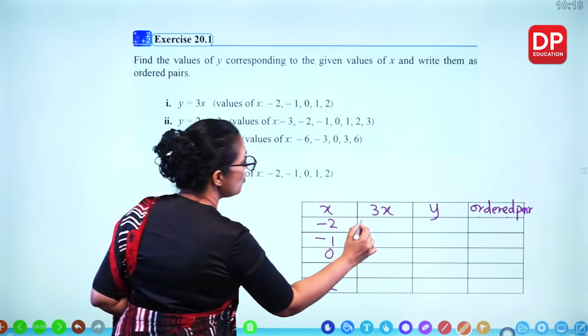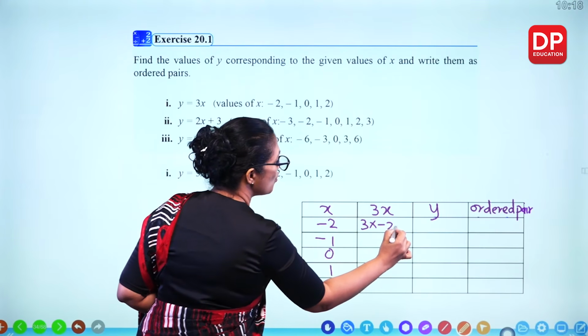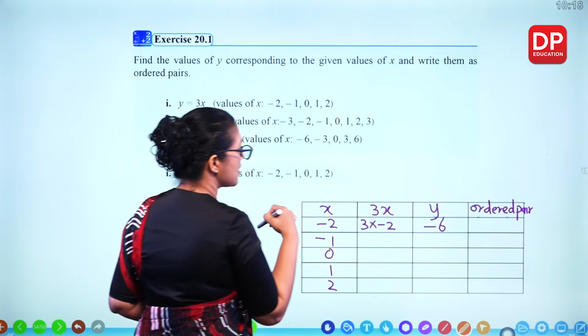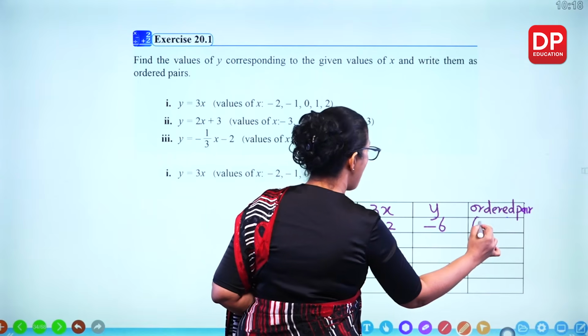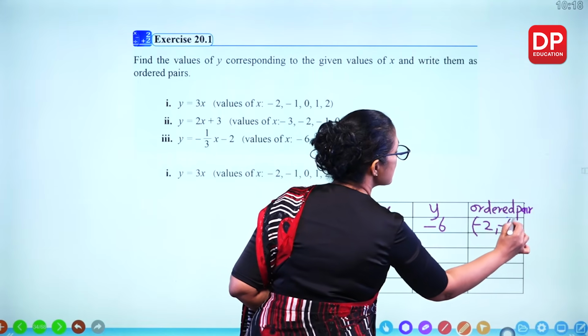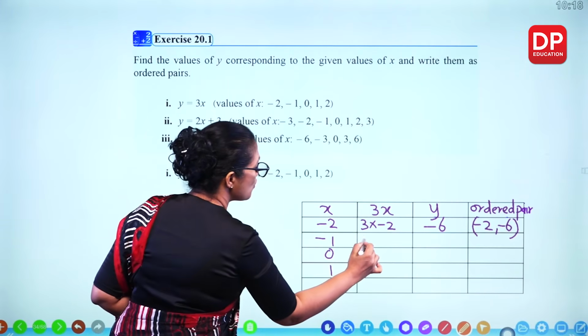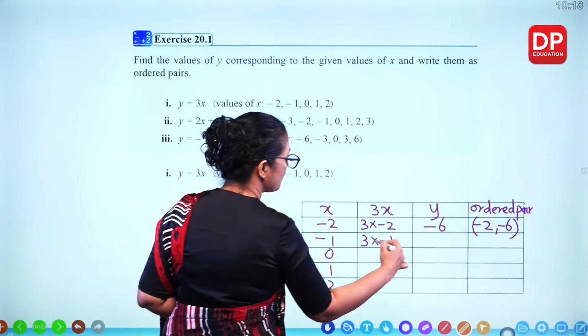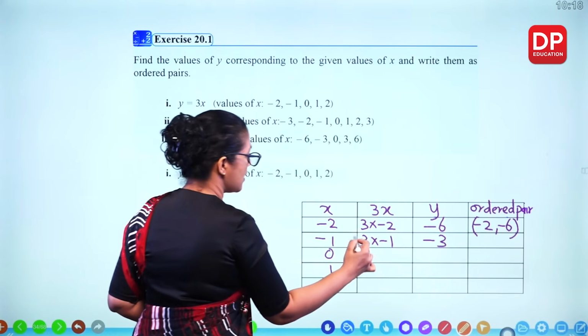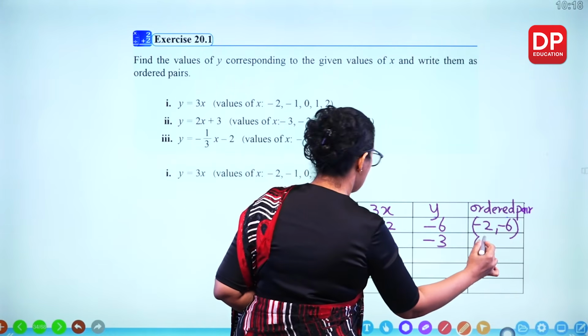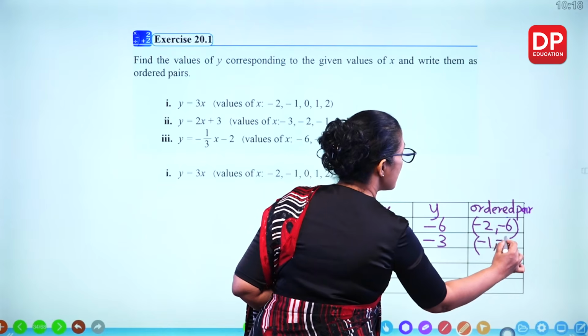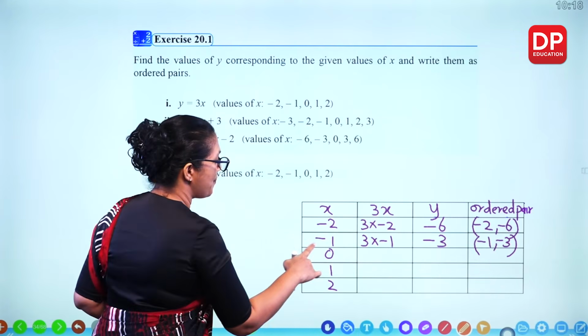Substitute minus 2, 3 times minus 2, you get minus 6. What's the ordered pair? Minus 2, minus 6. Substitute minus 1, you get minus 3. Minus 1 and minus 3 is the ordered pair.